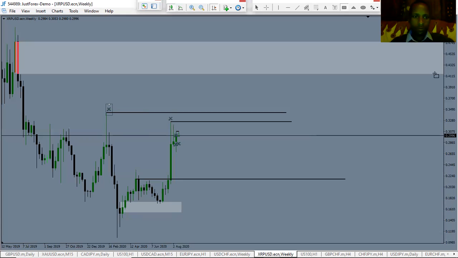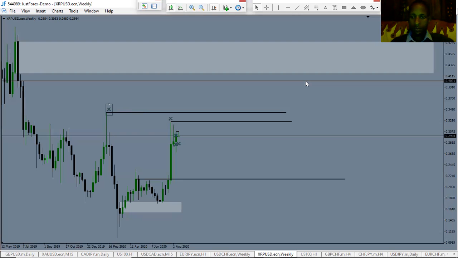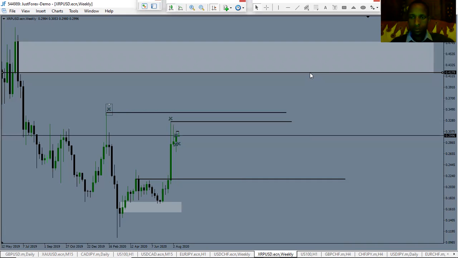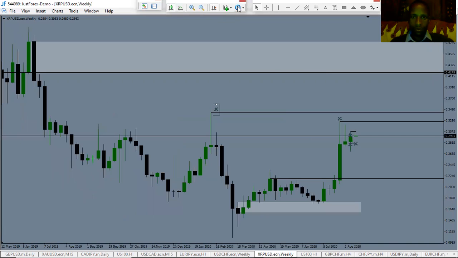Because we have more liquidity here at this point. So our demand zone is at 42 cents. This is what you have to look at.